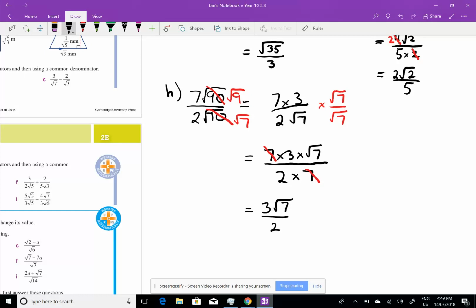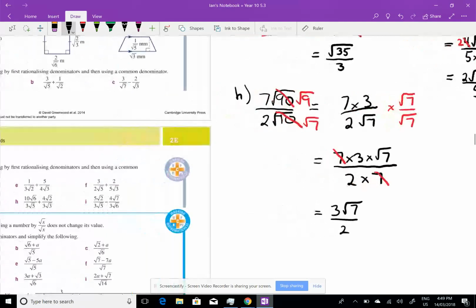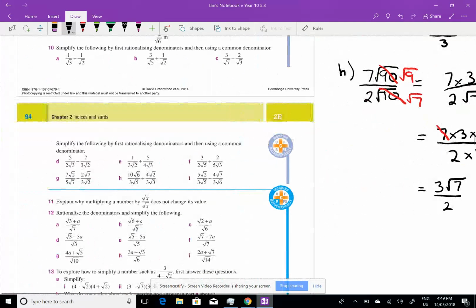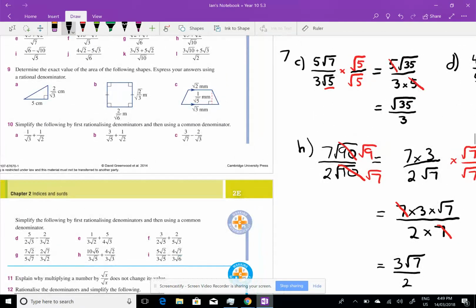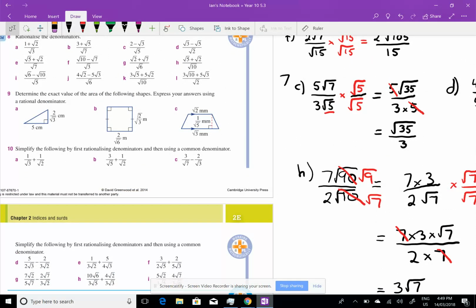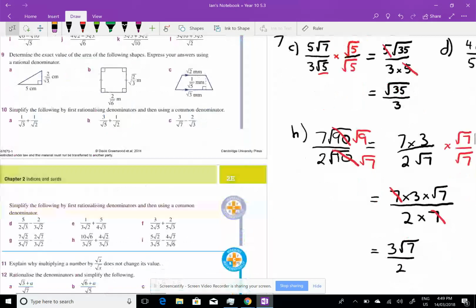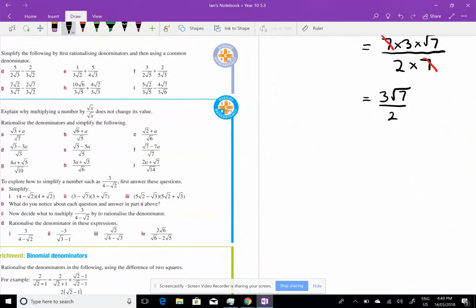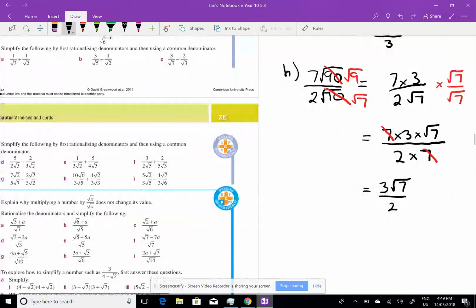So they do get a little bit more complicated. Let's have a look at question 8. Okay, root 3 minus root 5 on root 2. And that's 8d.